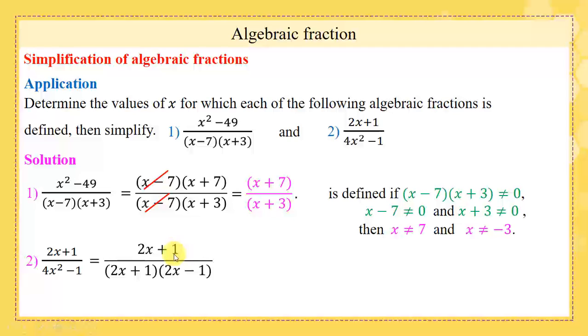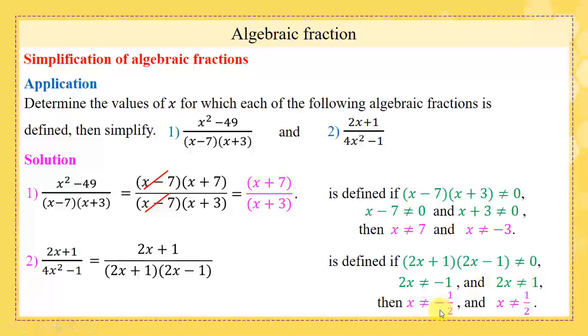We will get 2x plus 1 over 2x plus 1 times 2x minus 1, which is defined if 2x plus 1 times 2x minus 1 is different from 0. 2x plus 1 is different from 0, and 2x minus 1 is different from 0. So 2x is different from minus 1 and 2x is different from 1.